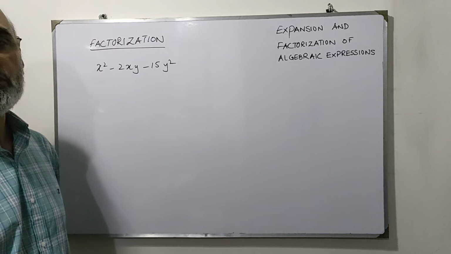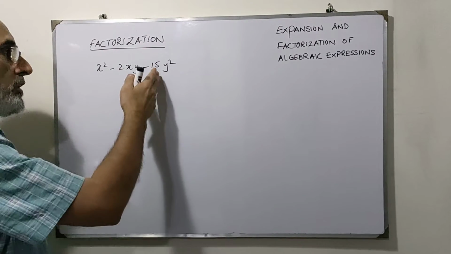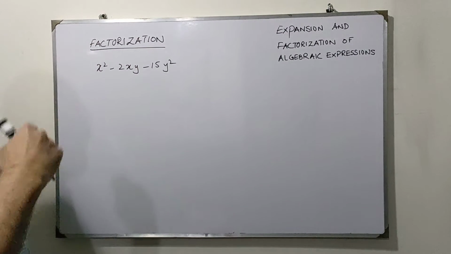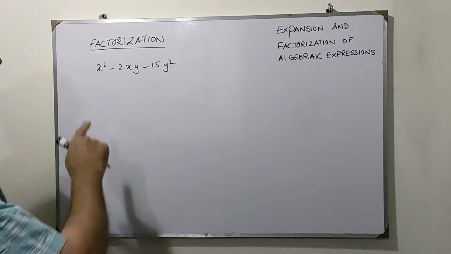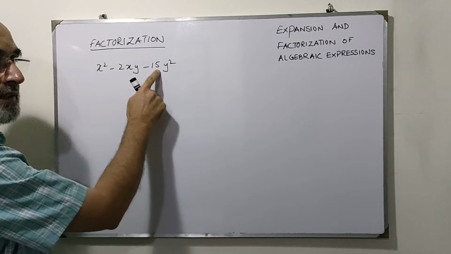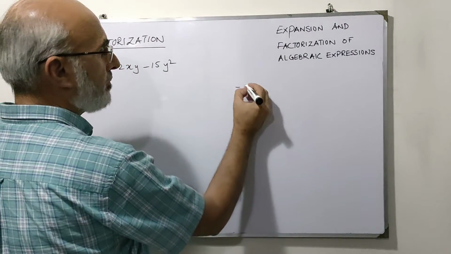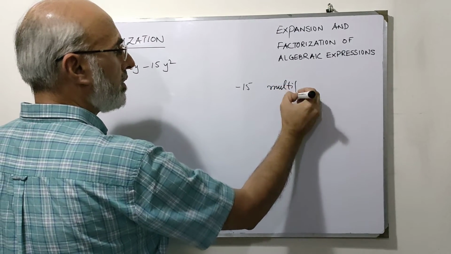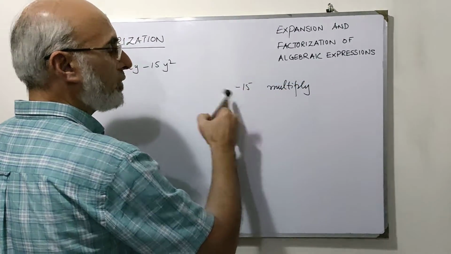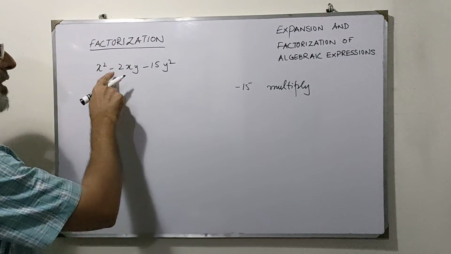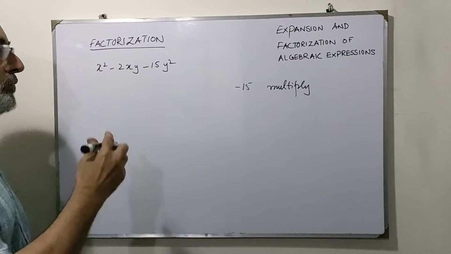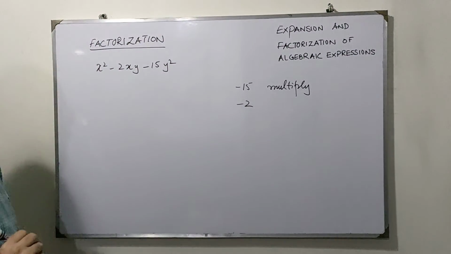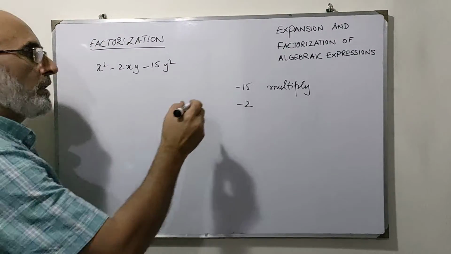Or sometimes we have only a constant, so we multiply a coefficient with a constant. So 1 into minus 15. When we multiply, we need to get minus 15, and when we add or subtract, we need to have minus 2.